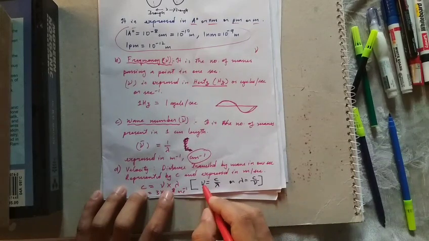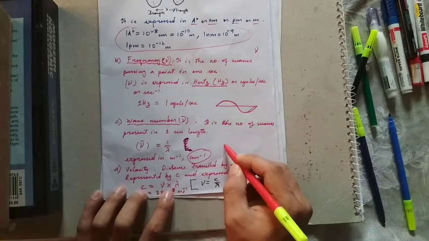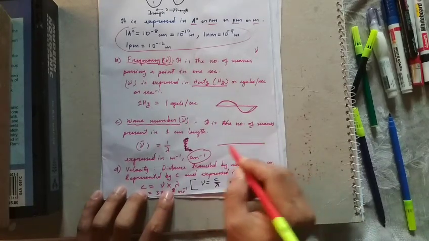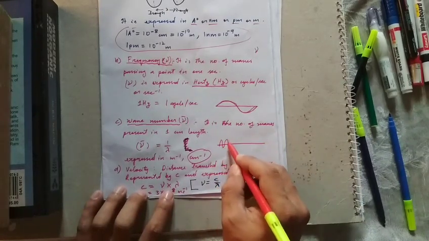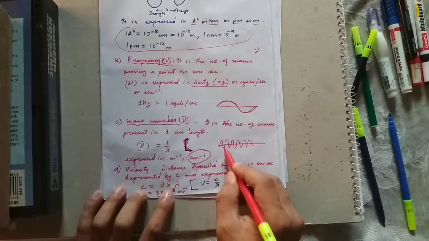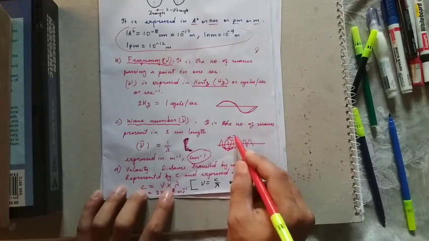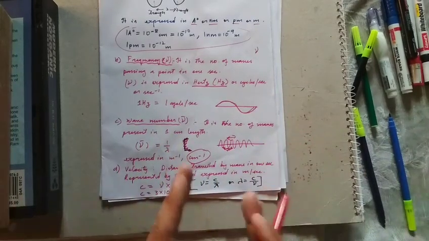This means that as frequency increases, wavelength decreases. Suppose the frequency increases, then the wavelength will decrease.